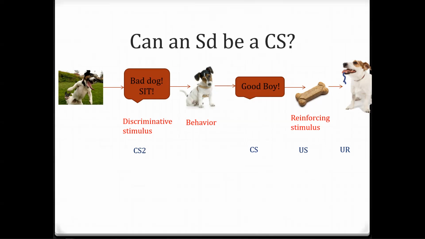However, remember we talked about second order conditioning or other types of conditioning. And what's going to happen is that this stimulus here is also going to pick up conditioning power. This will become conditioned stimulus 2 with its association with conditioned stimulus 1, and ultimately the unconditioned stimulus.